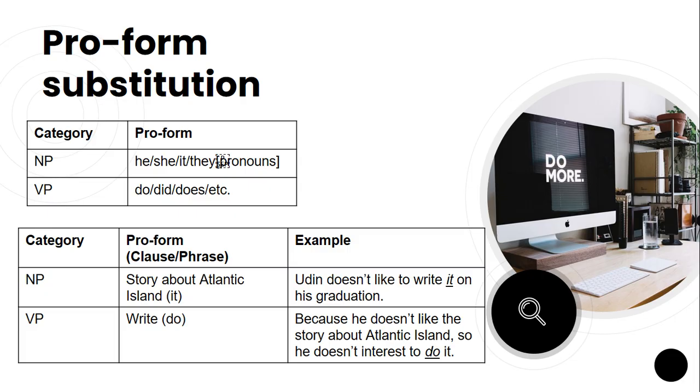And second, category verb phrase, the pro-form: "write" goes to "do." The example: "Because he doesn't like the story about Atlantic Island, so he isn't interested to do it." And "do" in this example refers to "write." Thank you.